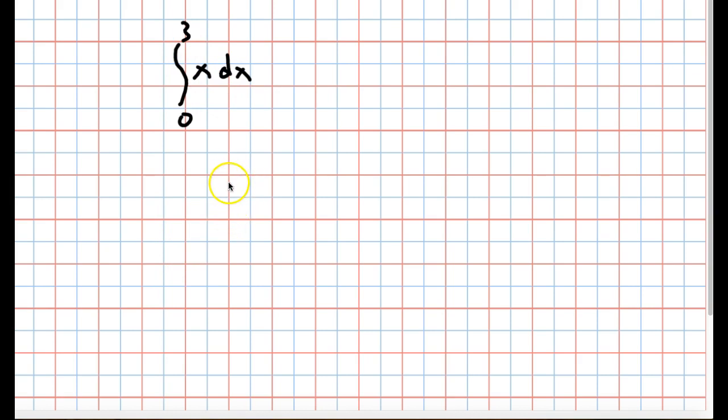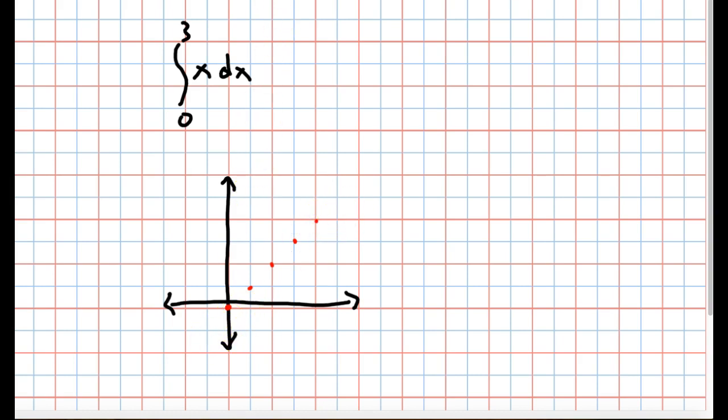So if I graph this, y equals x is just the line with a y-intercept of 0 and a slope of 1. So this is what my line would look like.